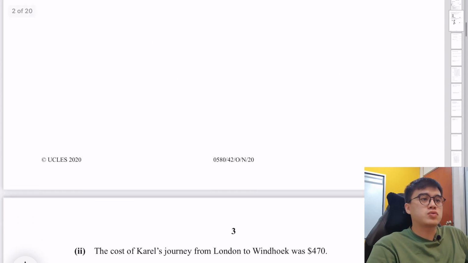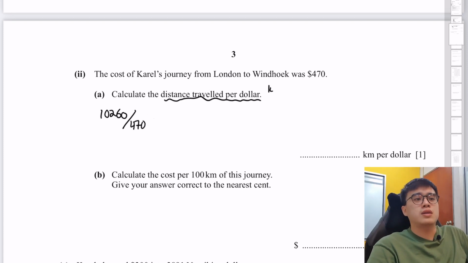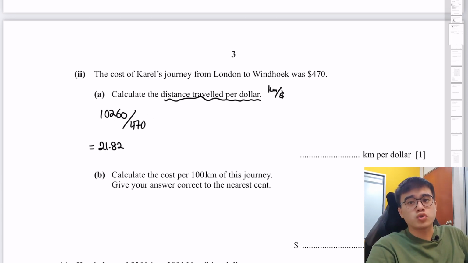For the part 2 calculation here, you're required to take the information that we got from the previous part, take the 10,260 divided by 470, then you will get your result as 21.8 after correcting it to 3 significant figures. As for the next one, I used the comparison method.